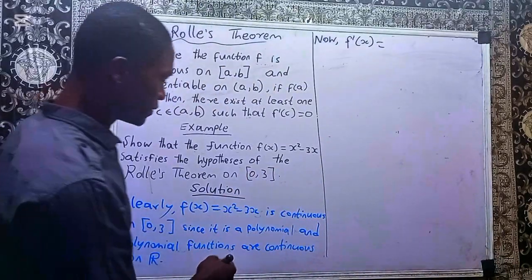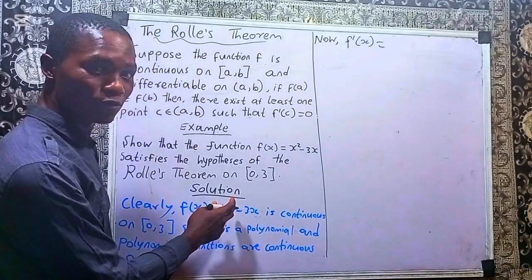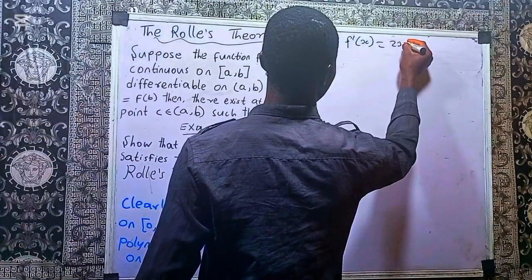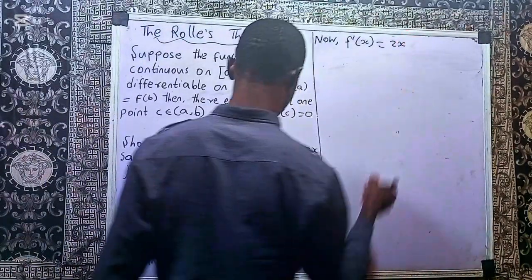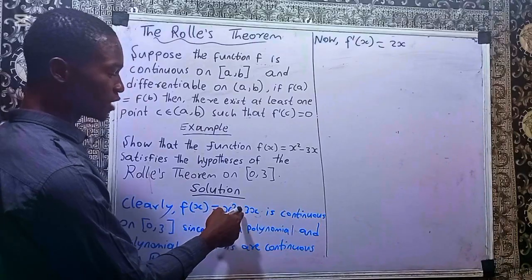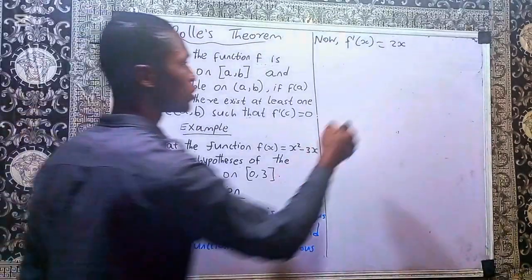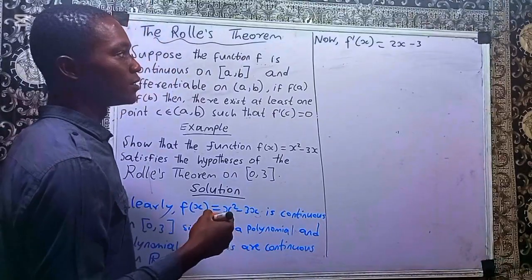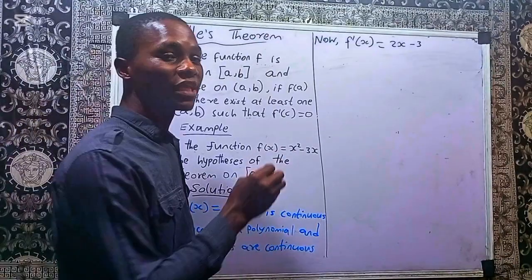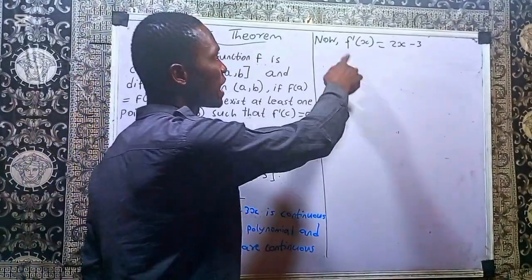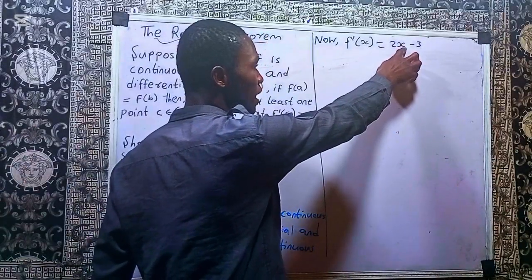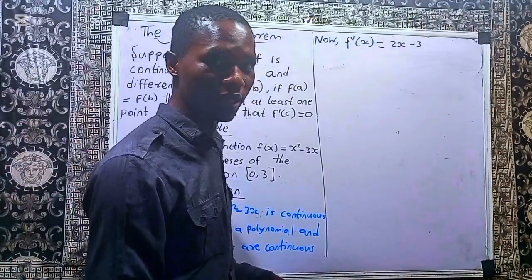Differentiate x squared, what will you get? 2x, right? Differentiate negative 3x, you get negative 3, right? Now check the derivative. The derivative we got, f prime of x, is 2x minus 3. This is a polynomial, right?